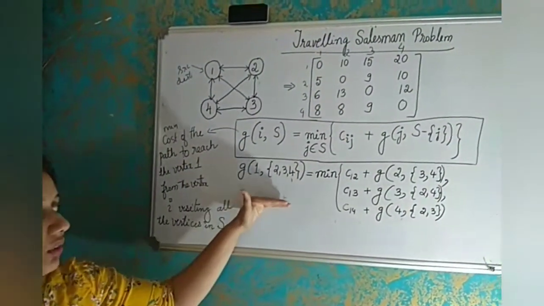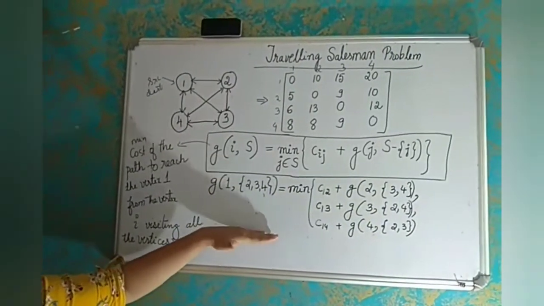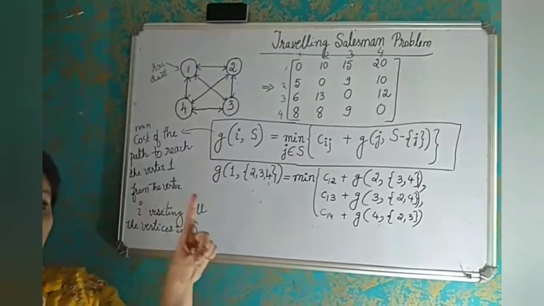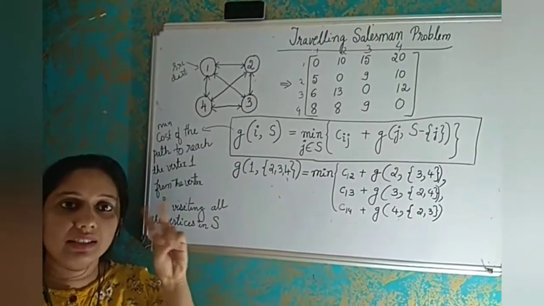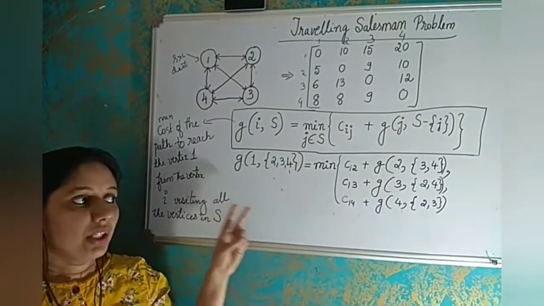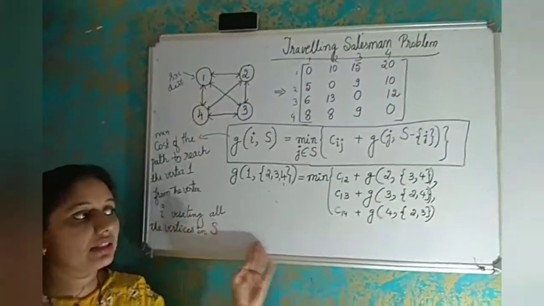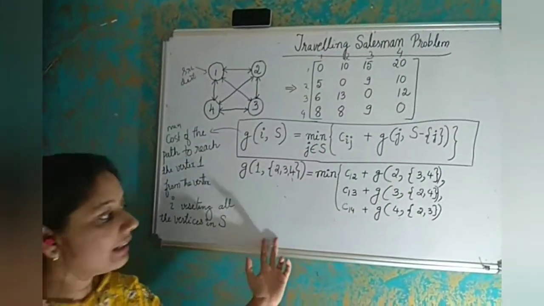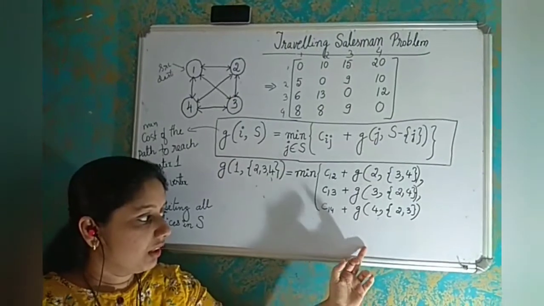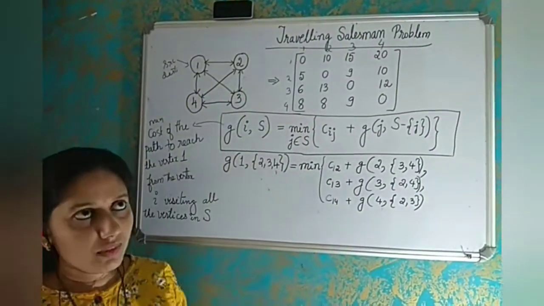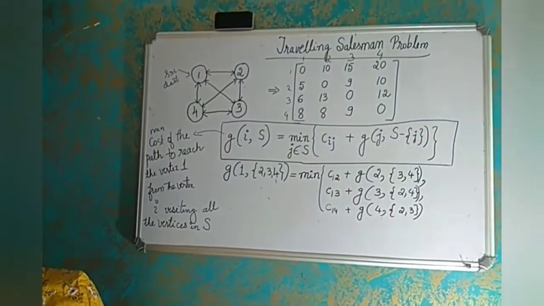After that we went to the next row. In the next row we considered only 1 item. Then we considered 2 items in the 3rd row. In the 4th row we considered 3 items, and in the 5th row we considered all the 4 items, and at the end of the 5th row, that is 5th row, 6th column, we got the output.